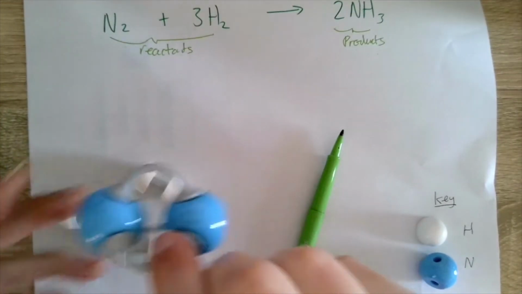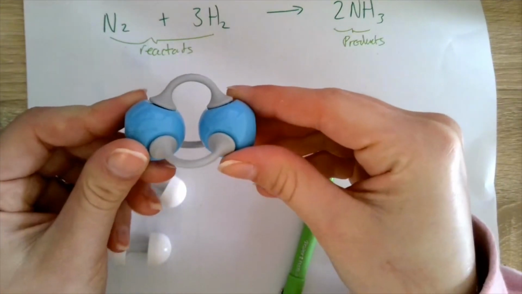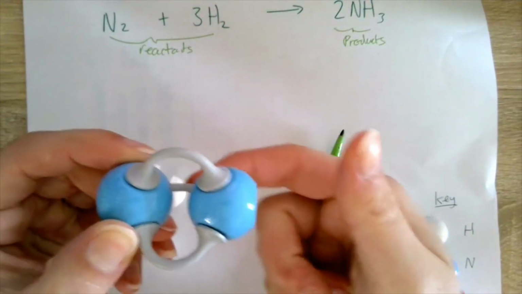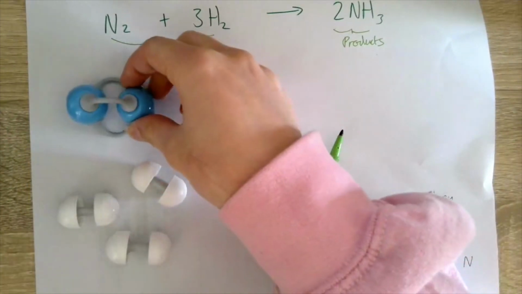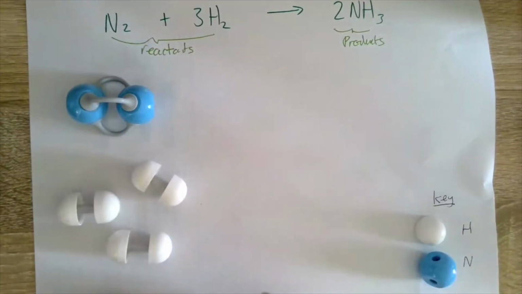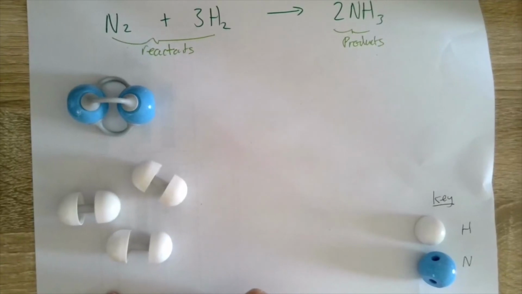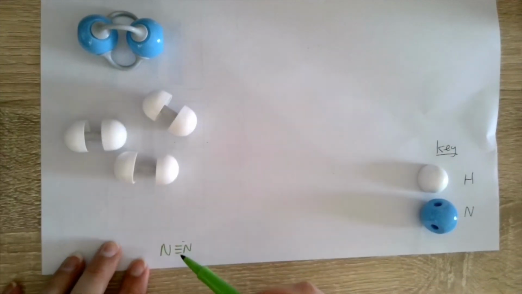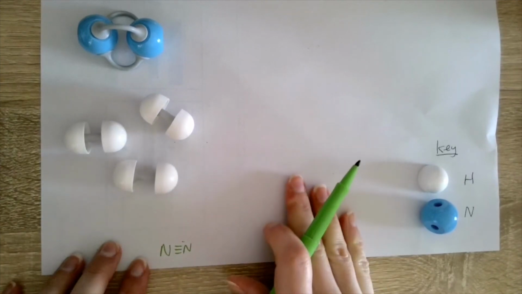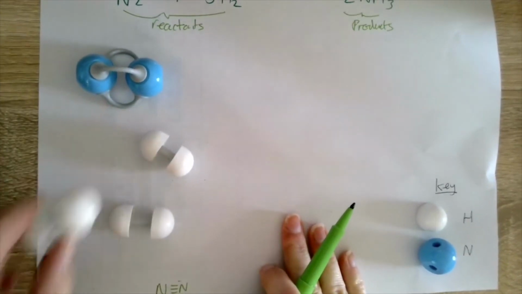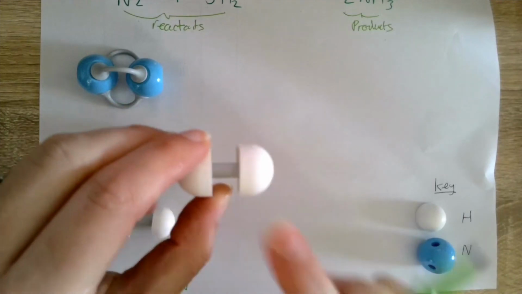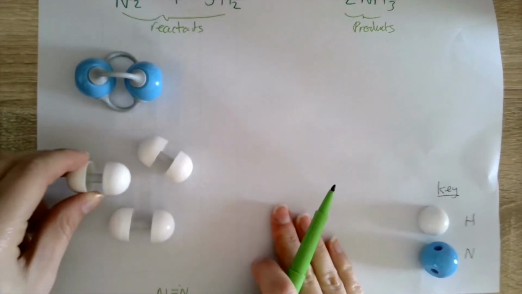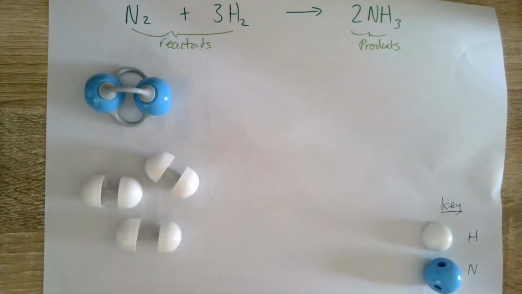One thing to notice about nitrogen is that it has a triple bond, so it's got 1, 2, 3 bonds holding those 2 nitrogen atoms together, and we often draw it like this to show that there are 3 covalent bonds between those 2 nitrogen atoms. Our hydrogen atoms, as we've seen before, have just 1 single covalent bond between each of the 2 hydrogen atoms.